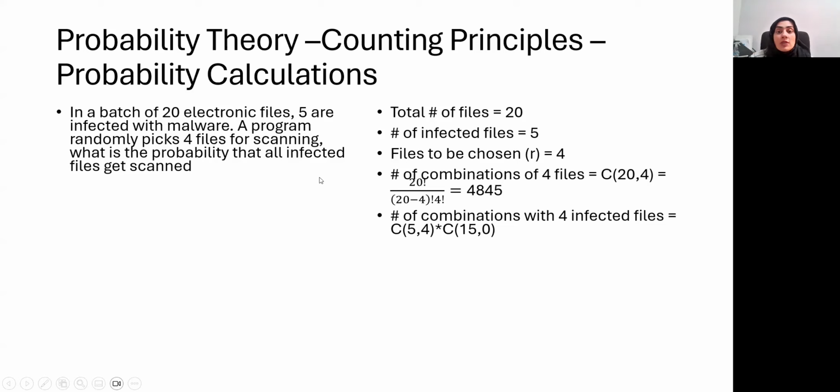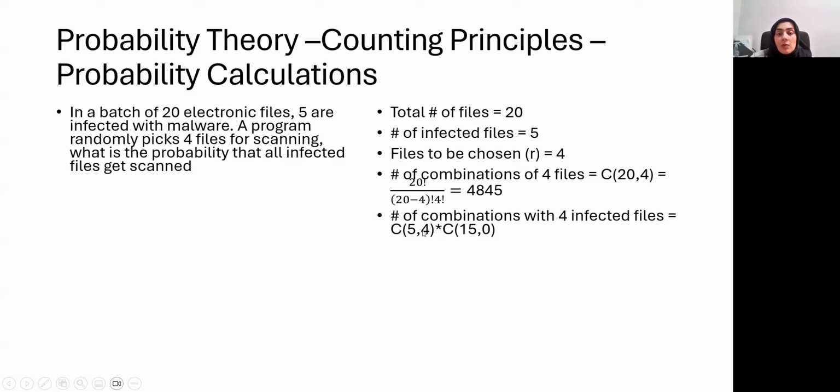The question wants us to find the probability, so at this moment, we're interested in those combinations which involve all of those 4 files picked from the infected files subgroup. So here, we calculate the number of combinations of 4 files picked from the subgroup of 5 infected files, which leaves none of the files to be chosen from the other subgroup of not infected files.